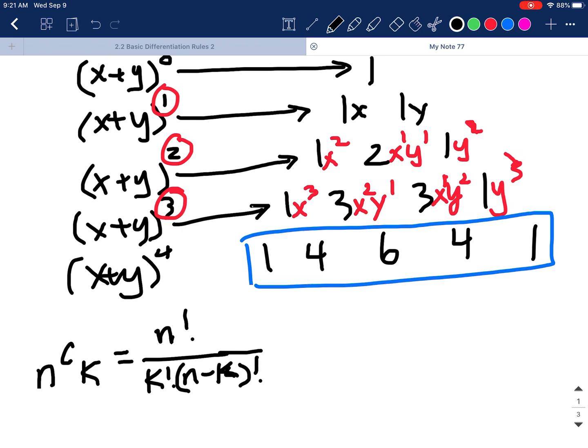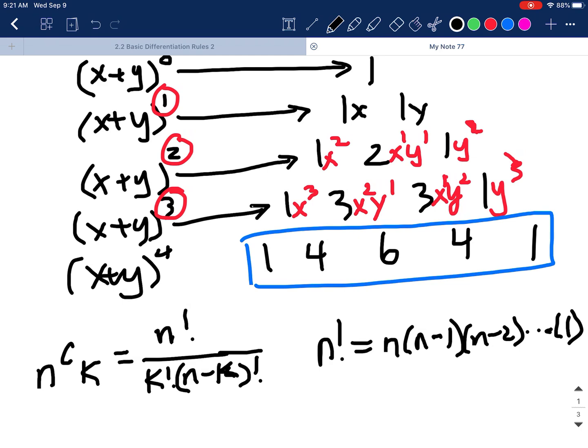We won't derive it here, but it's n factorial over k factorial times n minus k factorial, where the factorial is just the descending product. So we go all the way down till we get to 1. You take the product of every number n and every smaller integer from n down to 1.